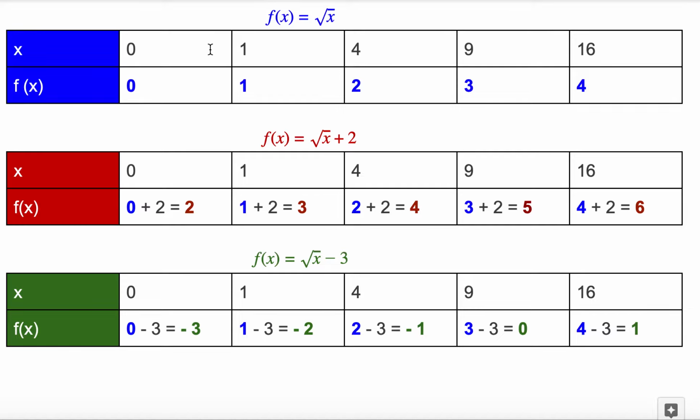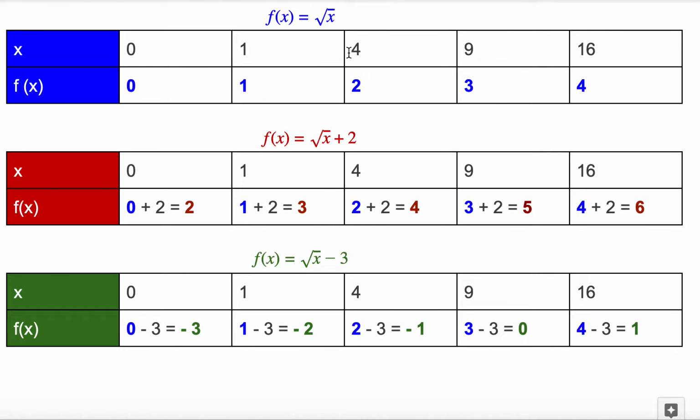Now, we already created this table in the previous video, and we showed how we can find those points, because for the x values we plug in instead of the x, and we find the f of x at each point here. But now, we have a red function f of x that is a square root of x plus 2, and the changes, as we saw a little bit earlier, are happening just in the y-axis.